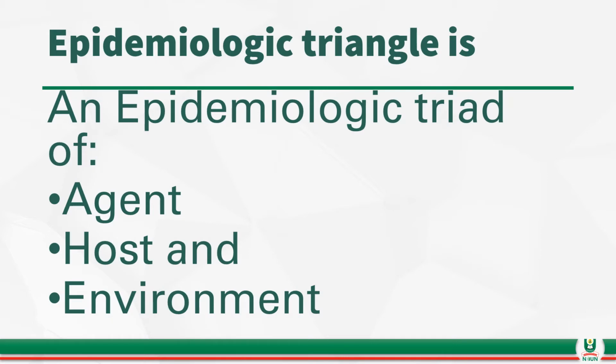So, epidemiologic triangle. What is the epidemiologic triangle? It's simply a triad of three things: agent, host, and environment. These three things play a very key role in what we call the epidemiologic triangle.